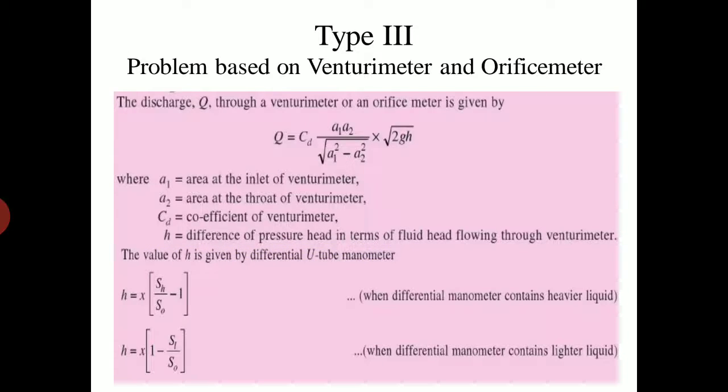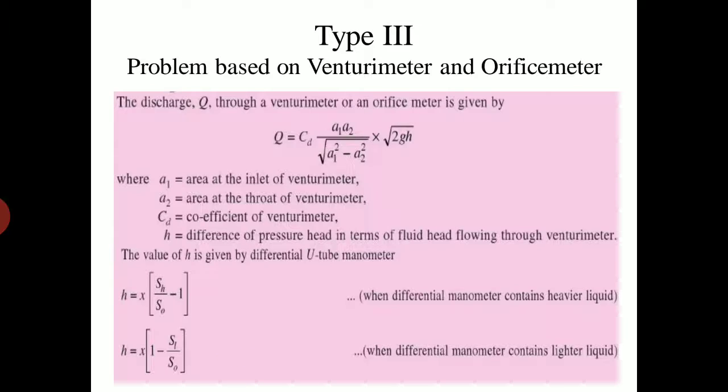Now how is this H calculated? This H is calculated by the formula H is equal to X into (SH upon S0 minus 1). Also it can be calculated by H is equal to X into (1 minus SL upon S0). Now when to use this formula and when to use this formula?